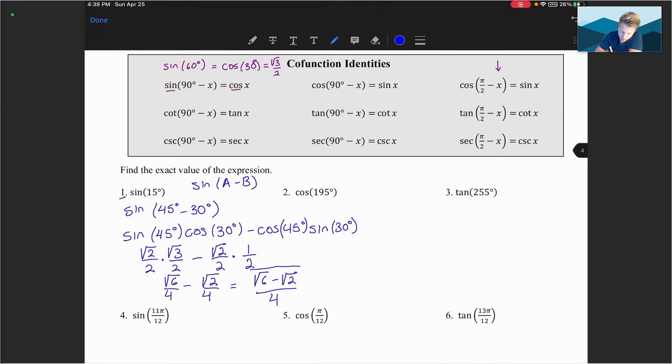And we'll just leave it here in the exact form. And that would be our final expression for the sine of 15 degrees. So in the next couple examples, we'll work through a few more examples using the sum and difference identities.